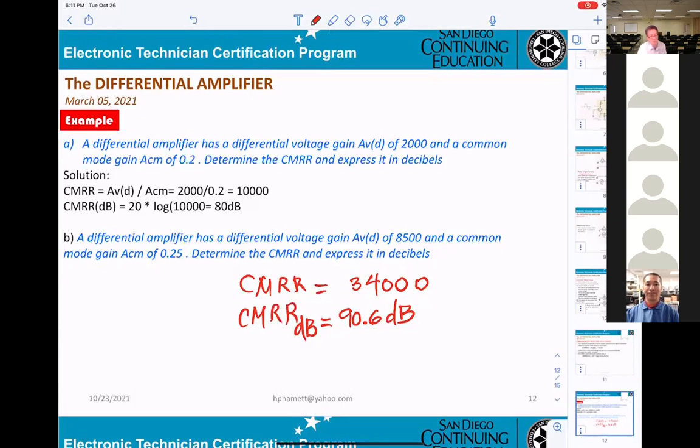The 741 op amp is really cheap. The 741 we're using in the lab, in the class, costs about $2.